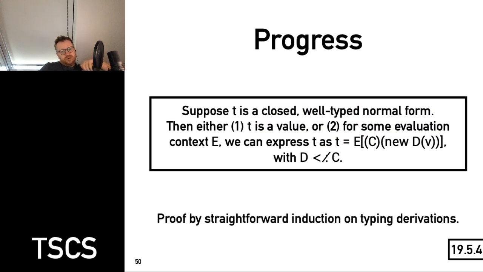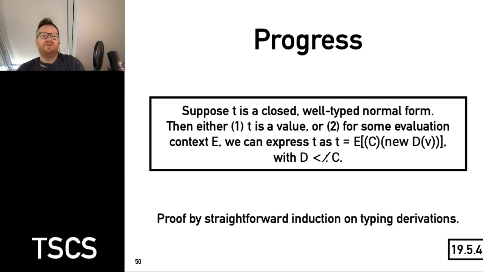And this is the property now that we can prove for progress. So suppose T is a closed and well-typed normal form. So this is the thing that you can assume. Then either T is a value, sounds pretty natural. And now comes the interesting case.